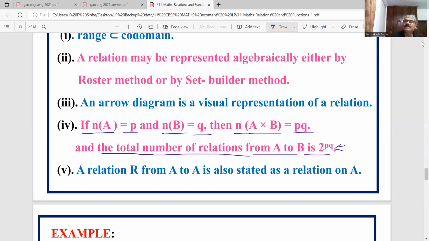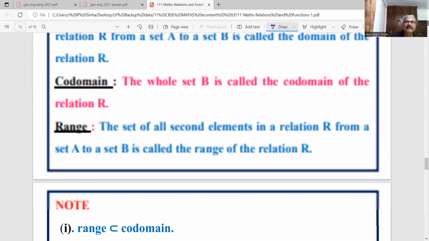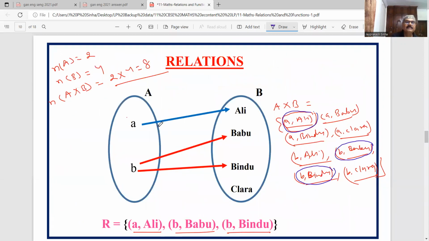In our case, see here, this is P, this is Q, and PQ is equal to 8.